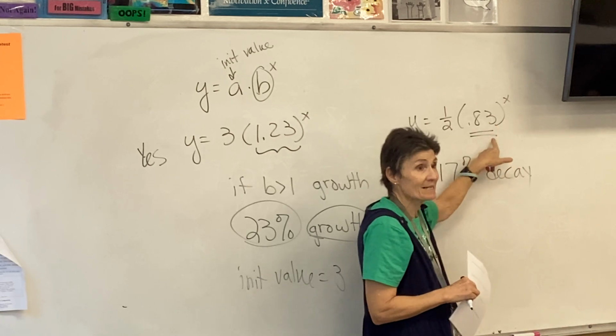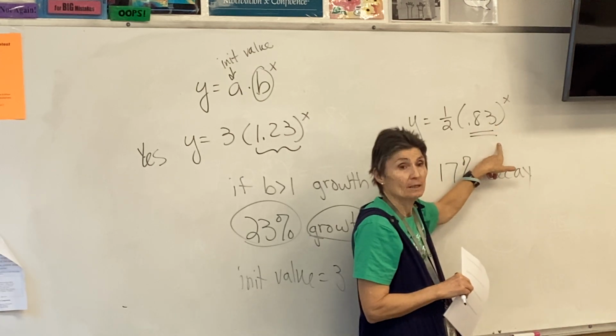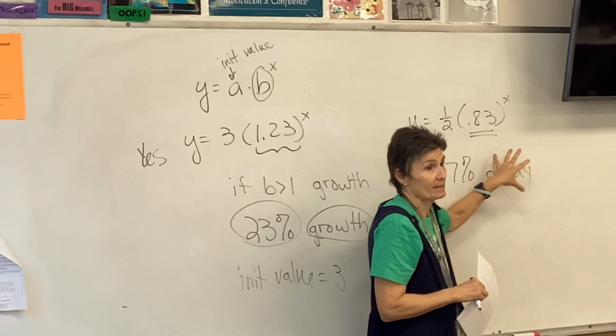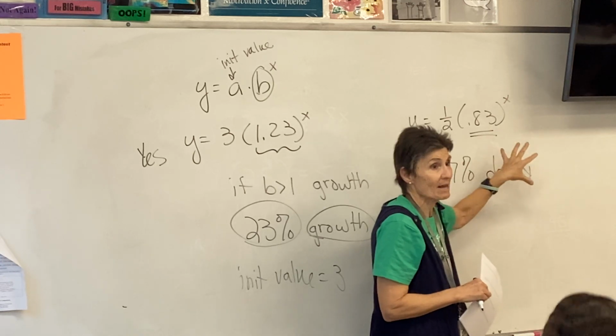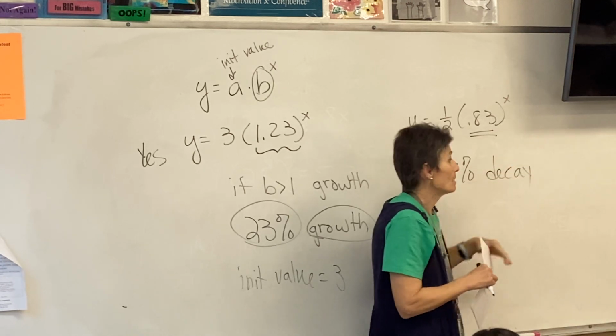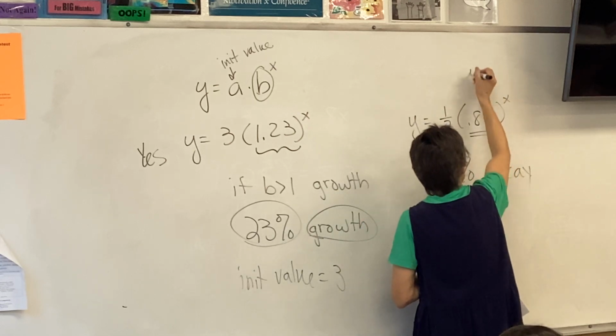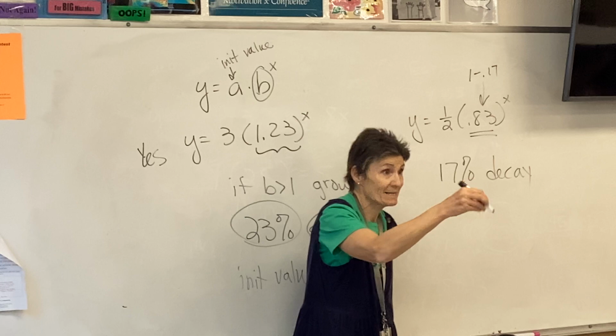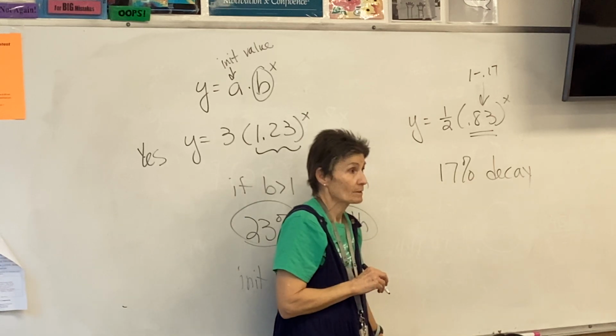How much less than 1 is this number? 0.17. This is not 83% decay. This is 17% decay. Because this number is 1 minus 0.17. It's 100 minus 17%.